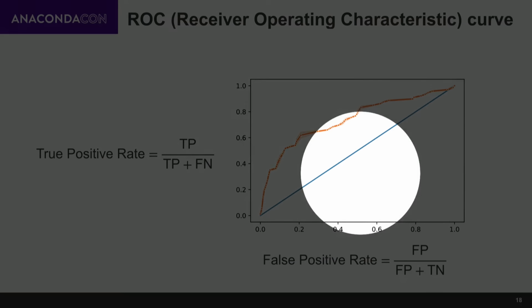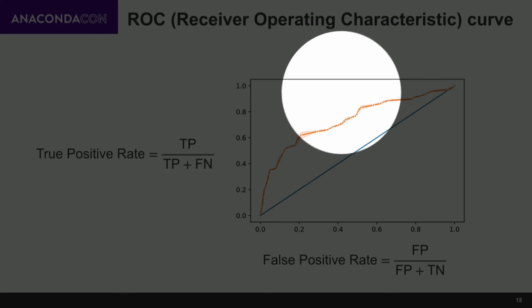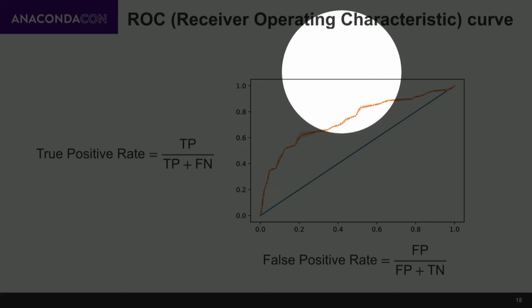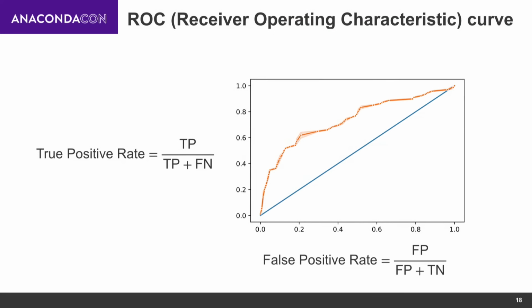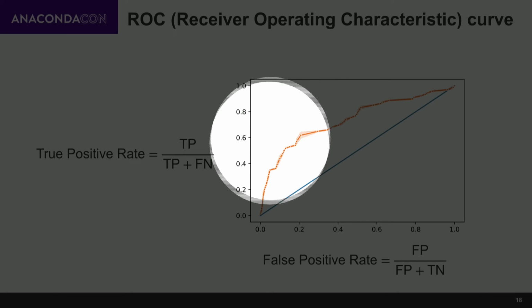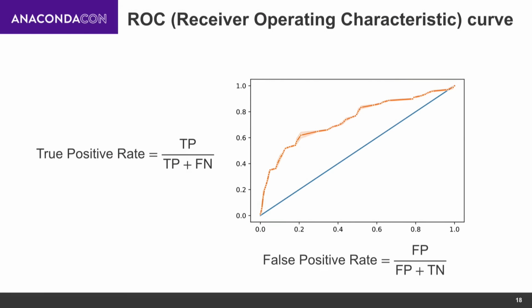When we move the threshold one way, we're going to be really close to the upper border of this graph, and changing the threshold the other way, we're going to be moving this way. So it's going to be really, really hugging that corner. And what we want our model to have is the curve really tightly close to that corner.